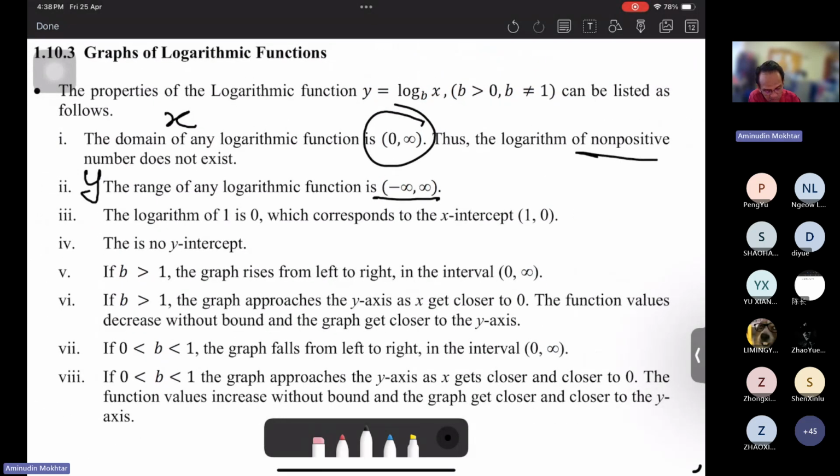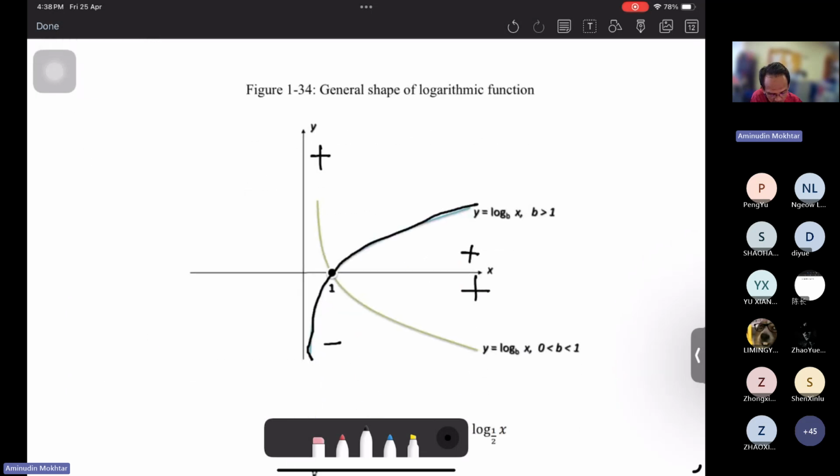The log of 1 is 0. In other words, when x equal to 1, y equal to 0. In other words, y equal to log of 1 equal to 0. It will always equal to 0. So in other words, this graph has an x-intercept when x equal to 1 and y equal to 0.